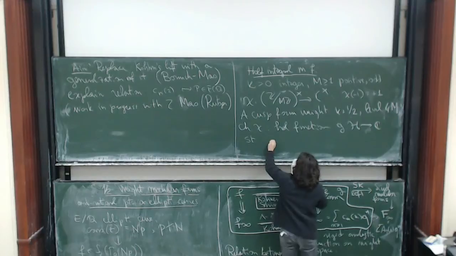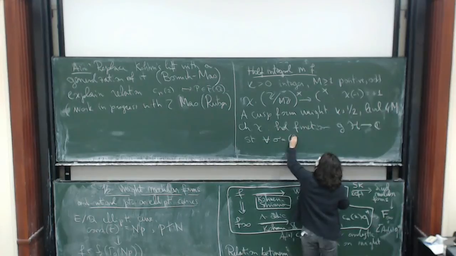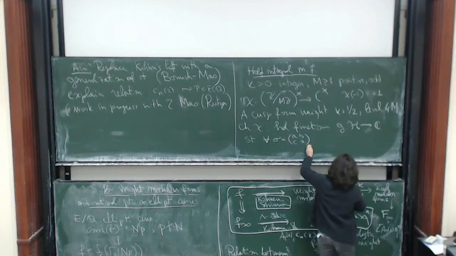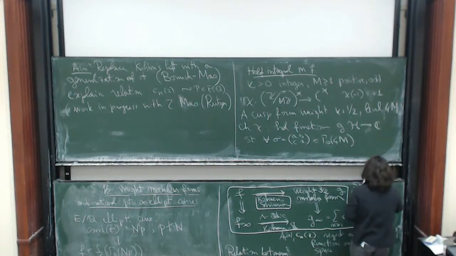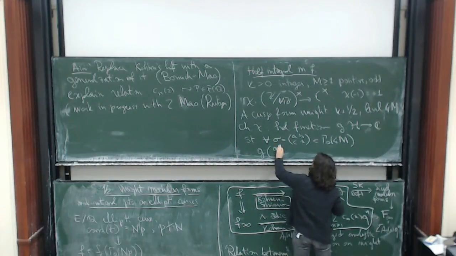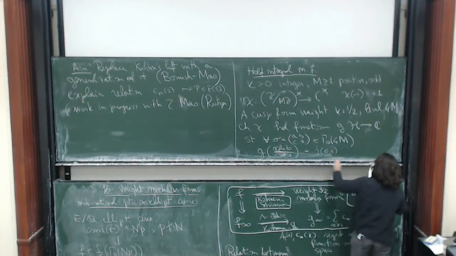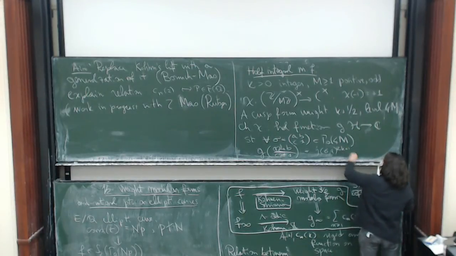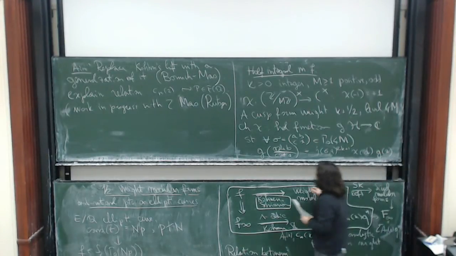For each matrix sigma, which is a, b, c, d in gamma 0 of 4m, we have that g applied to (az+b)/(cz+d) is equal to j(sigma, z) to the 2k+1, chi(d), and g(z). And this automorphic factor can be described as follows.